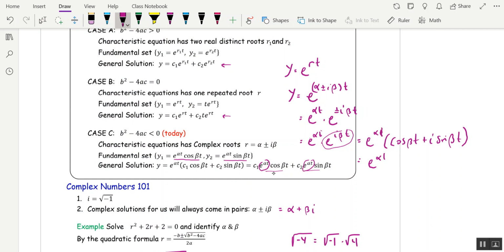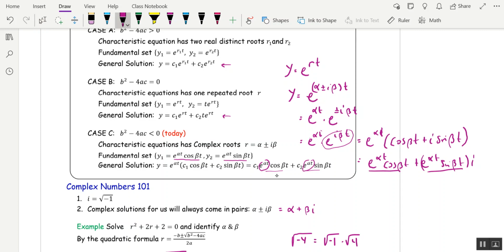E to the alpha t cosine beta t plus e to the alpha t times i times sine beta t. So I'm going to put the i at the end: sine beta t, and all this guy is times i. Then you have to use a fact that is kind of beyond the scope of this course, but if you have a complex solution, both the real and the imaginary parts are solutions.